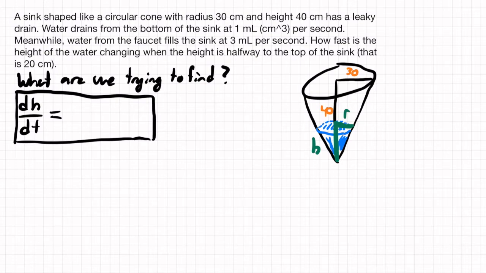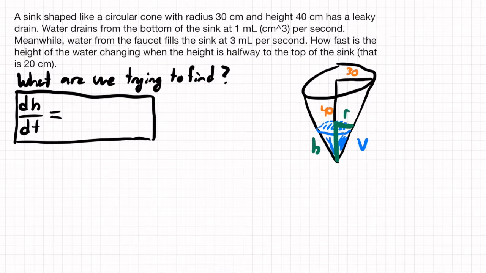So, okay. Now that we know we're trying to find dH/dt, we need some sort of an equation that has a dH/dt in it. So what's an equation that has an H in it? We can talk about the volume, maybe the volume of the water.